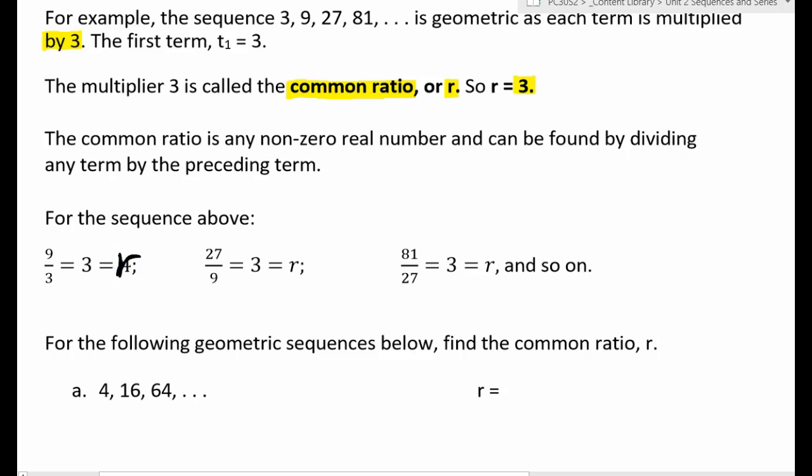I could have also gotten this by taking my third term divided by my second term. So basically, you can continue forever in this manner. Any term divided by the term before it should give you your R value.